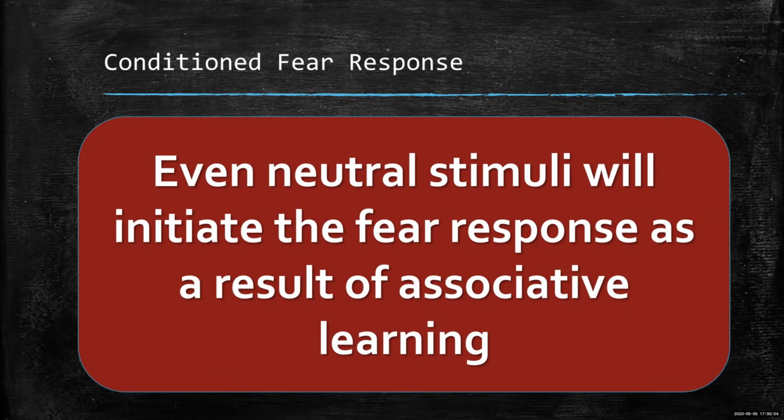So the example of a traumatic event in childhood is a good example for how anxiety disorders can develop, because when you're in childhood or even adulthood, when something very stressful happens to you, whatever was going on at the time, your environment, where you were, the smells, the sounds, the sights, whatever it may be, have all been associated with this terrible event.